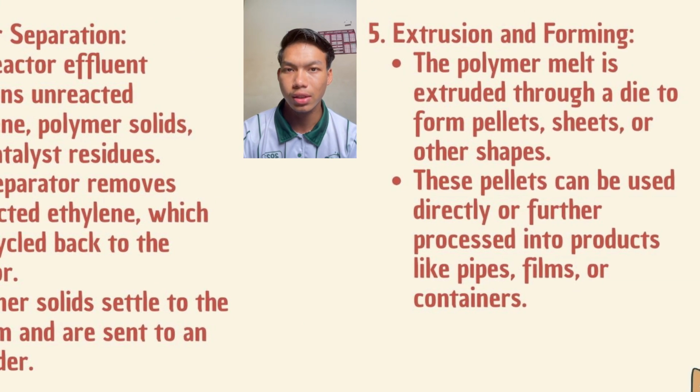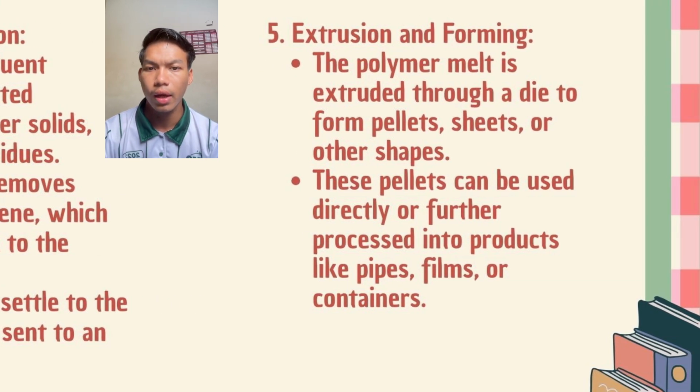The last process is extrusion and forming. The polymer melt is extruded through a die to form pellets, sheets, or other shapes. These pellets can be used directly or further processed into products like film, pipes, and containers.